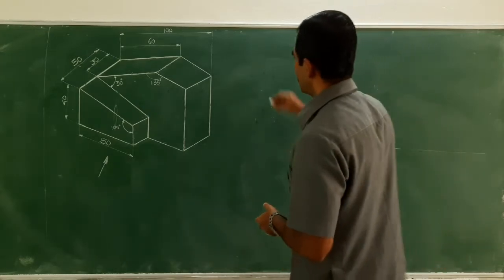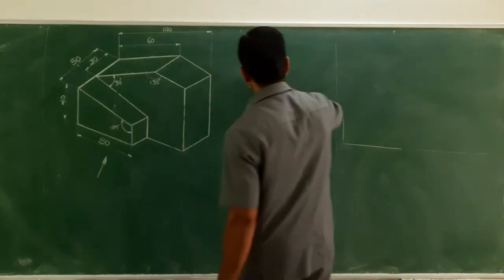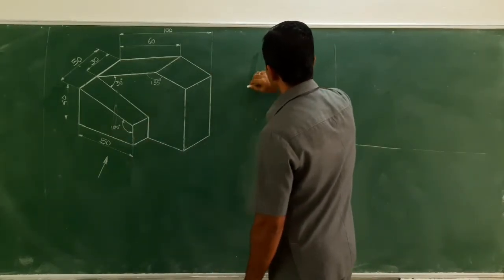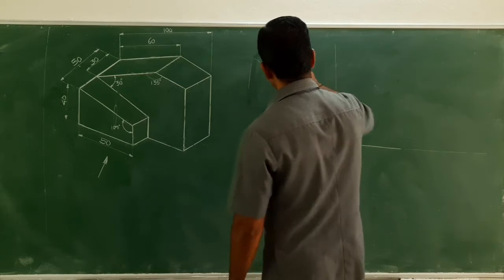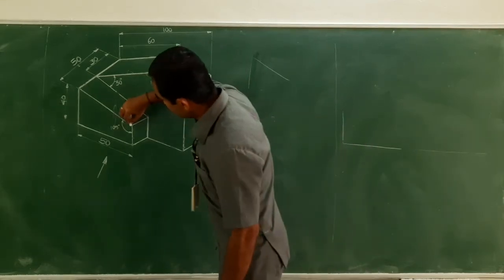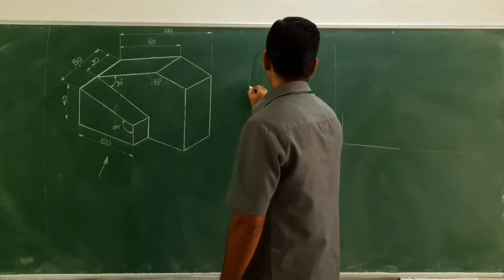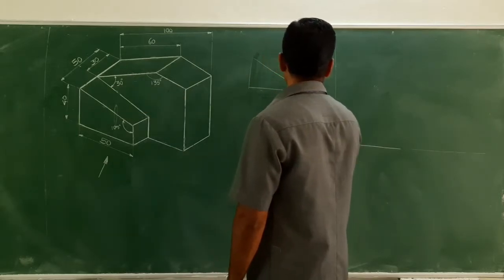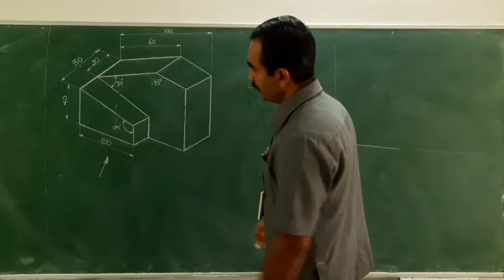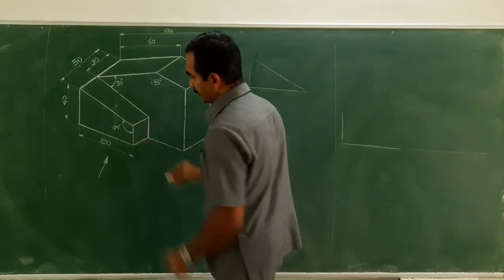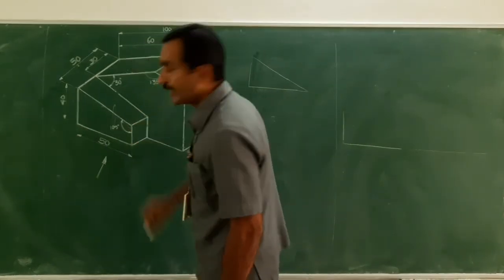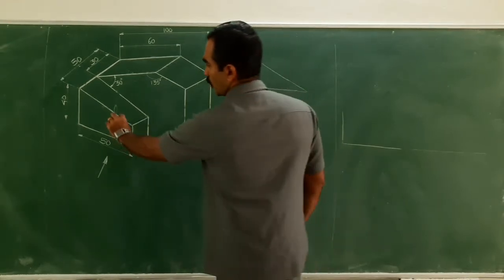Let me draw this particular portion. Right. Now let me divide this portion. If I draw a parallel line to this, it could be 90 degree. Then what would be the balance?